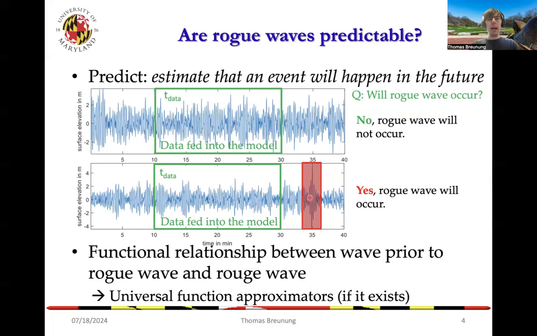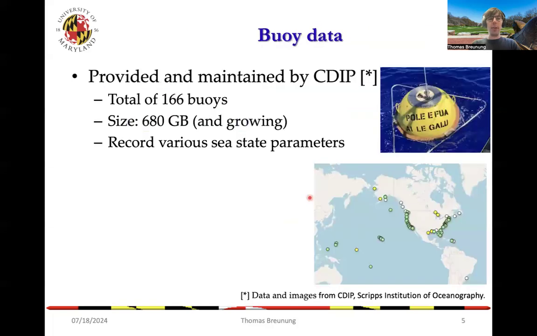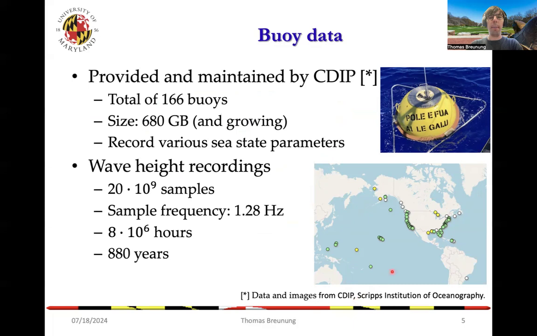To do that, we need data, and we've utilized data provided by the CDIP, which is associated with the program run by the Scripps Institution of Oceanography in San Diego. On their webpage, you find data from a huge buoy network, which is primarily located at the shores of the continental US, but some buoys are also in the Pacific.